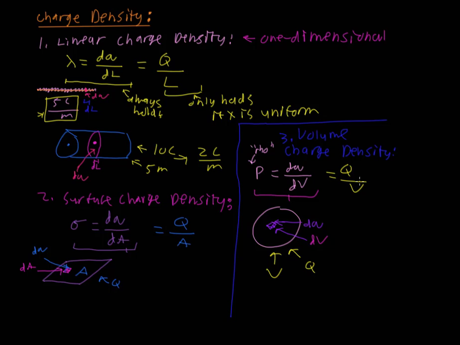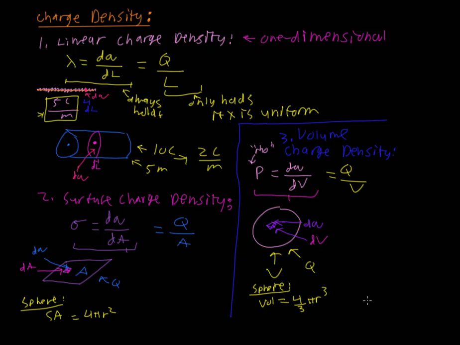So for the surface area of a sphere, it's just going to be 4 pi r squared, where r is the radius of the sphere. And then for the volume of a sphere, sorry, I'm having a little trouble writing, the volume is equal to 4/3 pi r cubed.